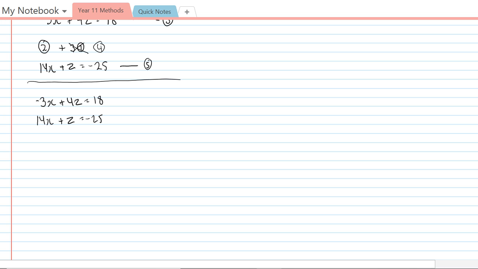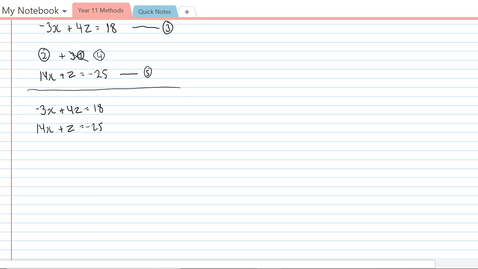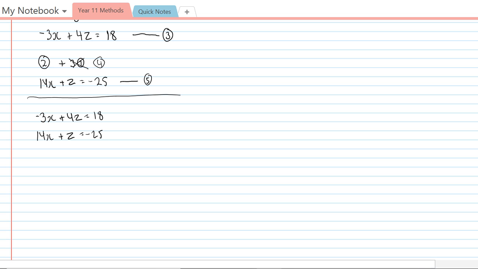What I might do now is equation 3 minus 4 lots of equation 5, because that's going to make a 4z term cancel. So we've got negative 3x, take away 4 lots of 14. Negative 3 take away 56 is negative 59x.